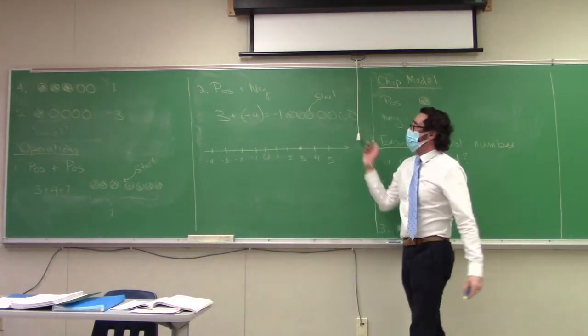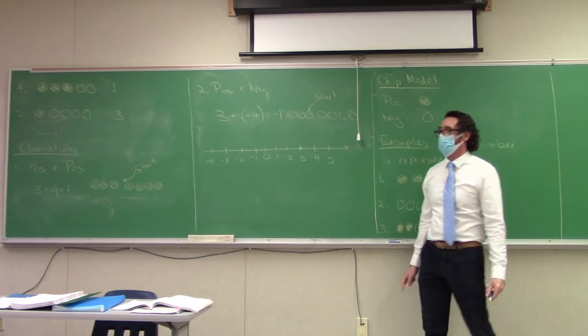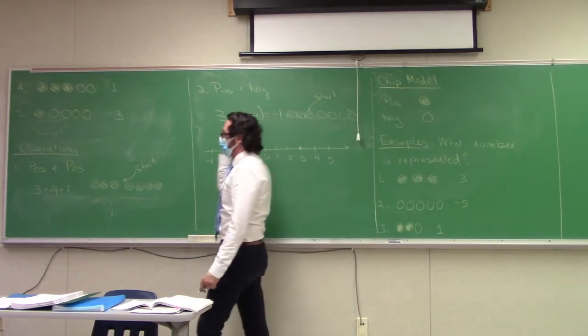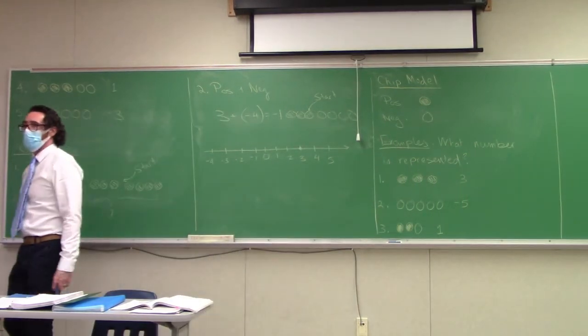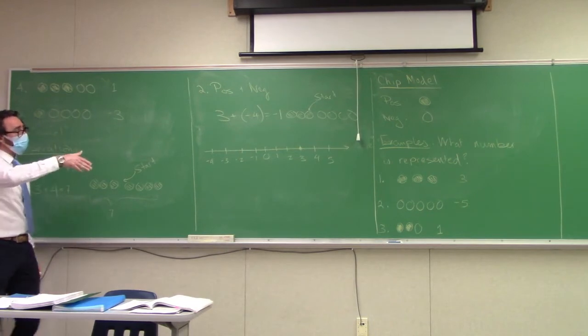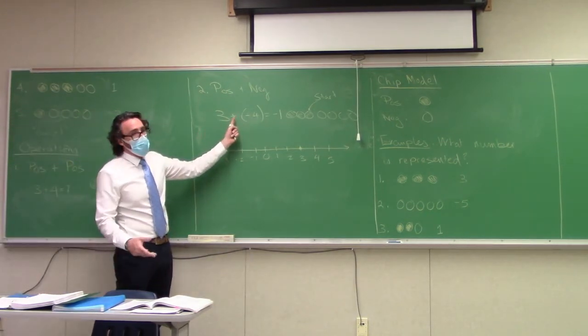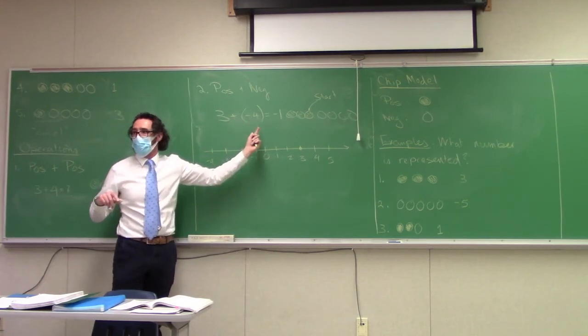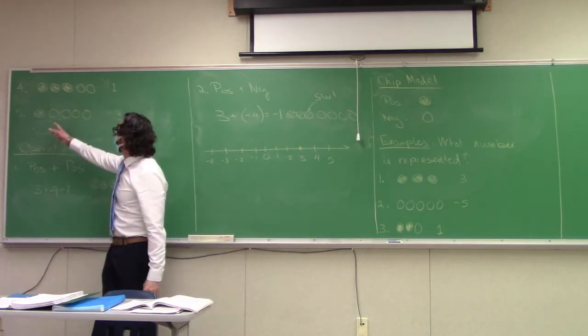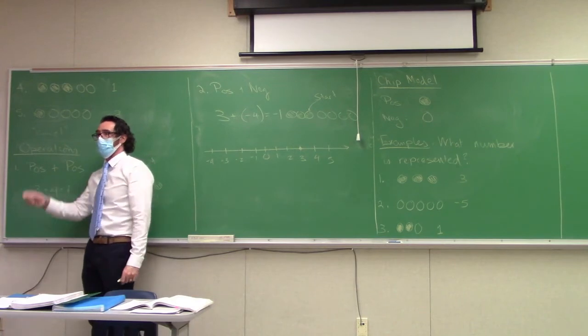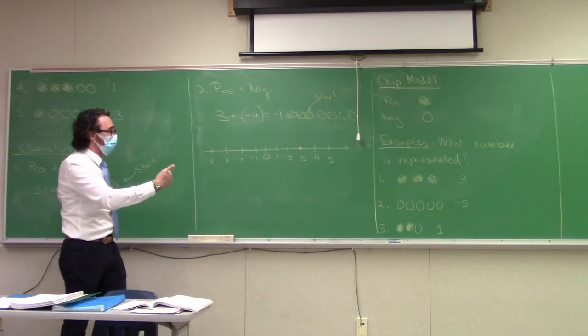So if I'm using the number line model and I want to add negative 4, well, the 3, that tells me where to start. And then I'm going to move either to the left or to the right. If I was using positive plus positive, I start at 3 and I move 4 to the right.